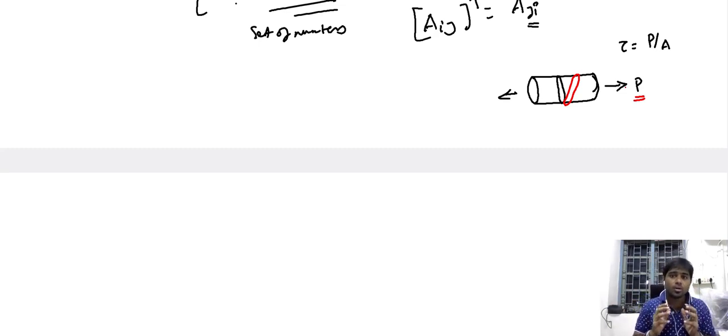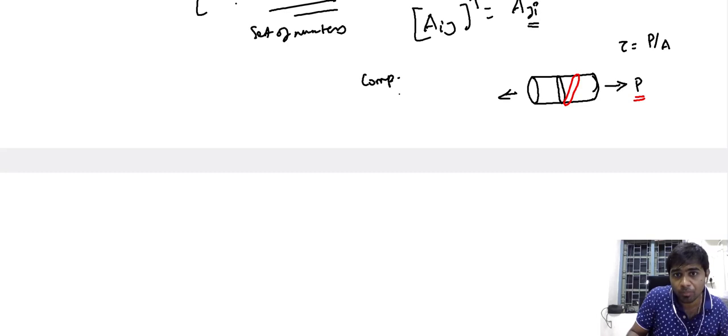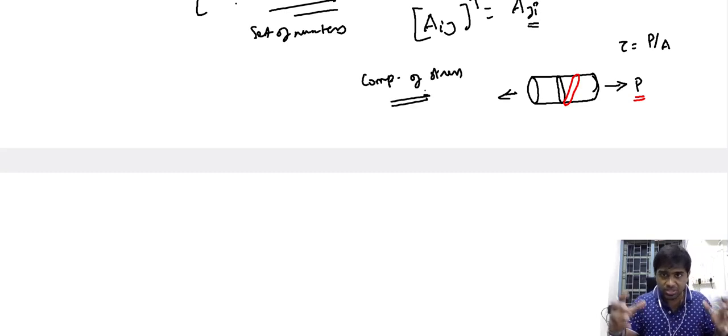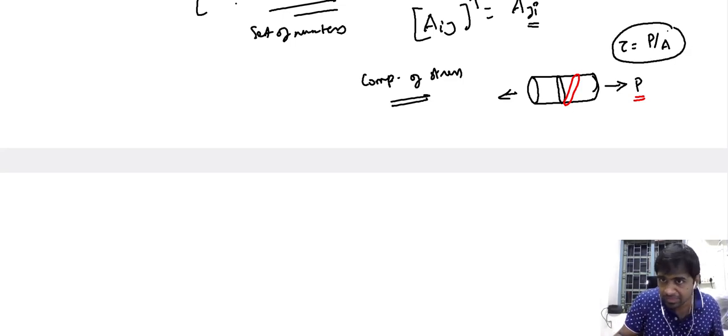Now, when we want to describe the stress that the inclined plane experiences, we need to dissociate the imposed stress into components of stress. So we are imposing a load P, and this load translates into a stress that acts perpendicular to the loading direction, on the plane perpendicular to the loading direction, and that is quantified by taking the ratio of the load with respect to the cross-sectional area.